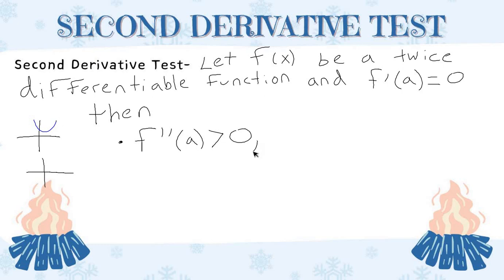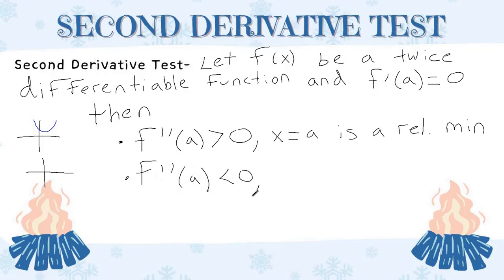So then we can say x equals a is a relative minimum. Versus, if f double prime of a is negative, now our graph is going to be what? Concave down. So a would have to be a maximum this time instead.